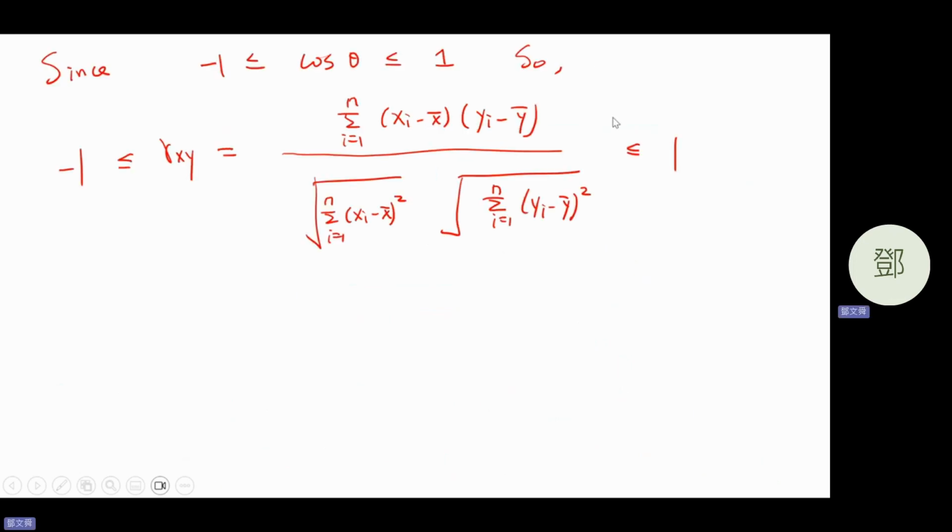Because cosine theta is always a number between -1 and +1, the sample correlation or cosine theta must lie between -1 and +1. So the sample correlation coefficient is always between -1 and +1.